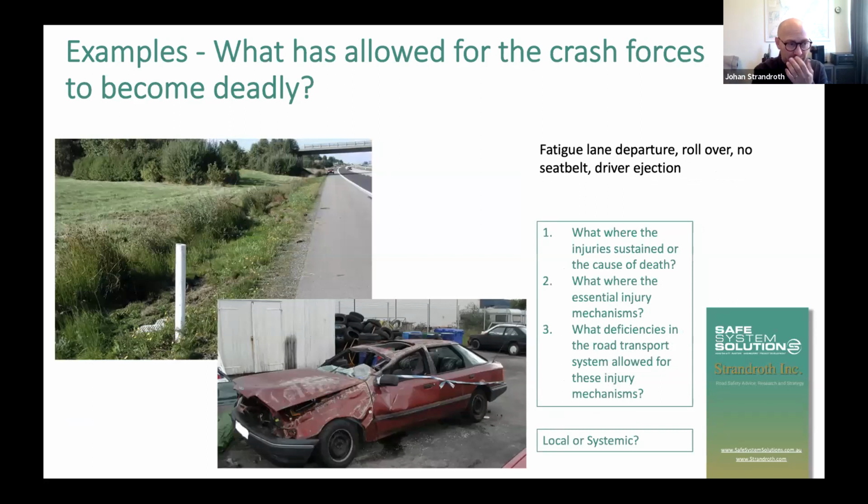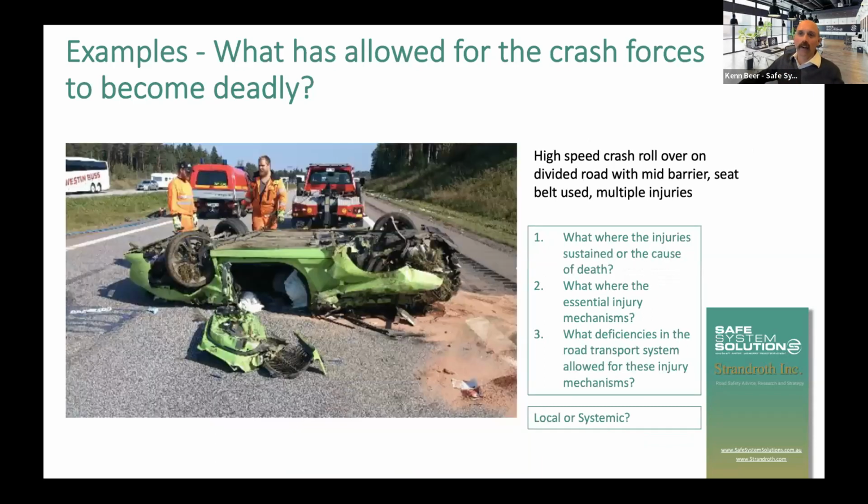Next one. What has allowed for the crash forces to become deadly? Oh, sorry, just a clarification on the previous one, Johan. Was the convertible traveling along the other carriageway and crossed over the grassed median? Yes.